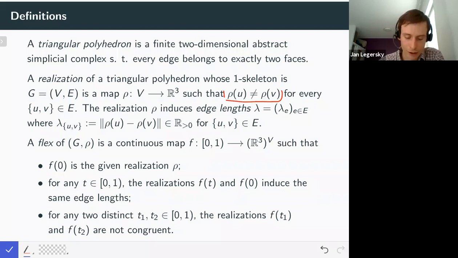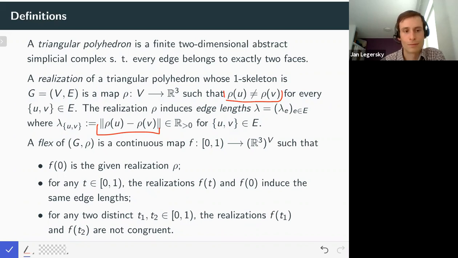This is sufficient. In other words, the distances between adjacent vertices are non-zero, so edge lengths are always positive. And such a realization induces edge lengths for the edges of the polyhedron just by taking the Euclidean distance between their endpoints.